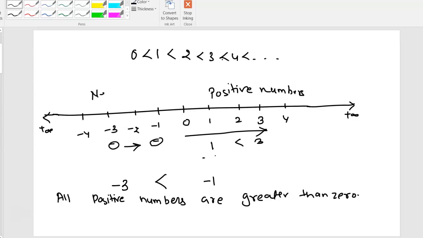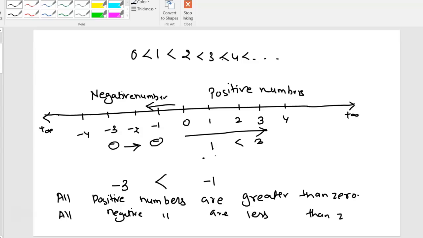Similarly, all the negative numbers, if you look carefully, are to the left of 0. So all negative numbers are less than 0. So this is how you can compare any numbers on a number line. Thank you so much.